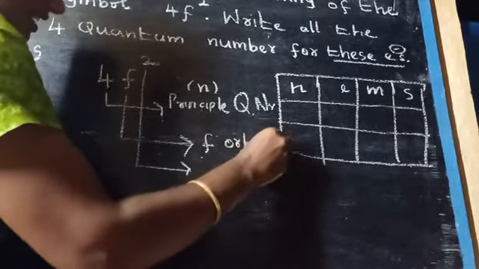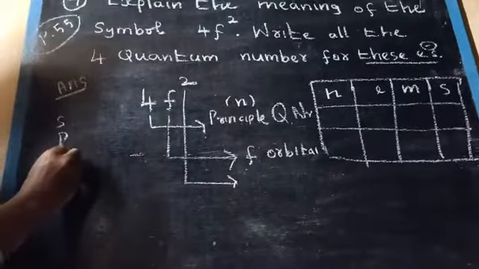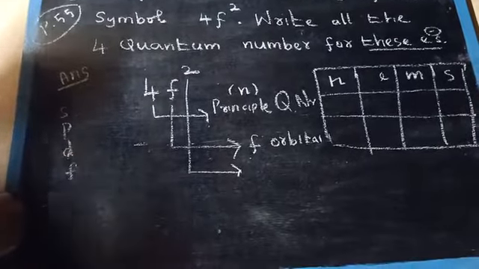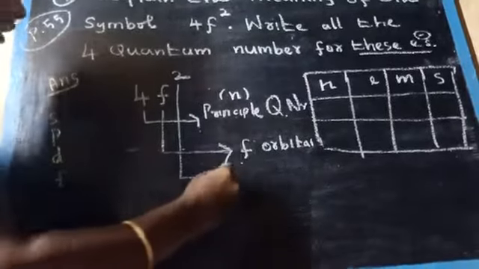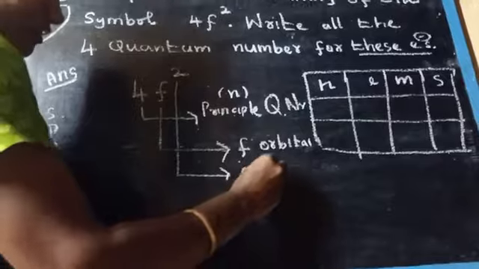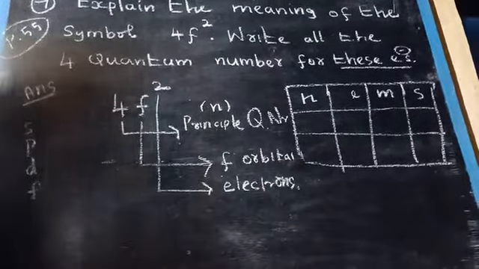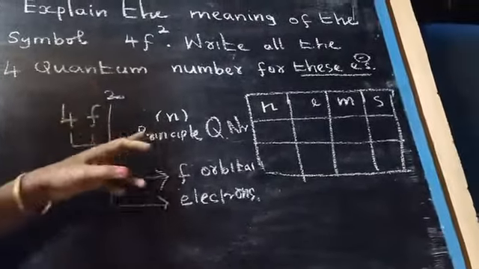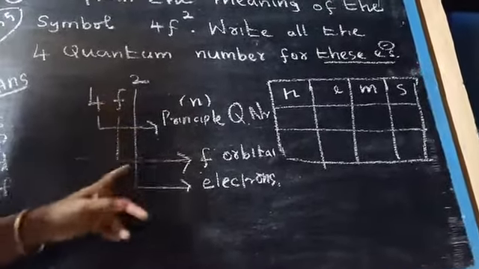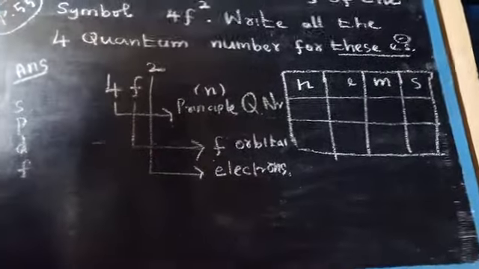You know there are only four orbitals: S orbital, P orbital, D orbital and F orbital. So here, F orbital, and this 2 is denoted as the electrons. So now you know the meaning: 4 is the principal quantum number, F is the F orbital, and 2 is the number of electrons.